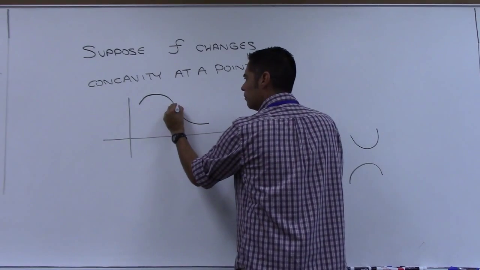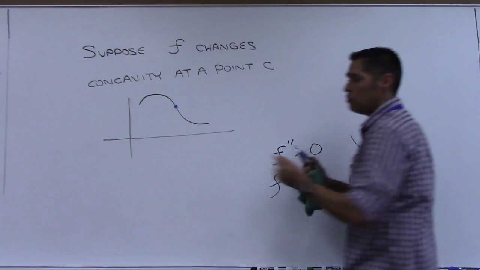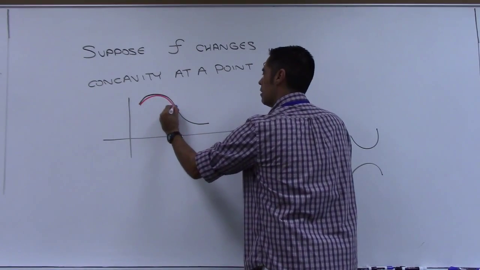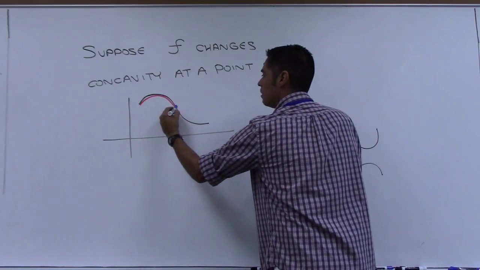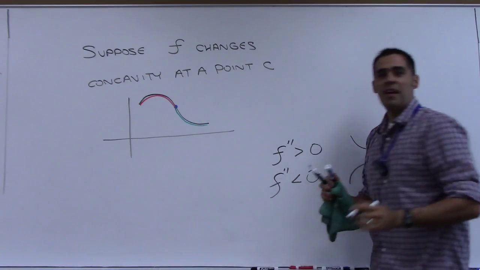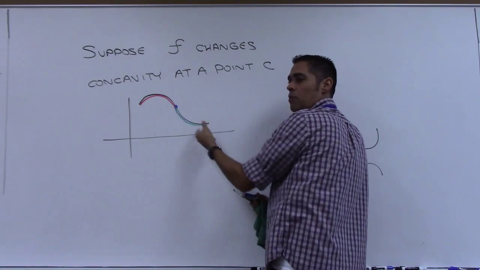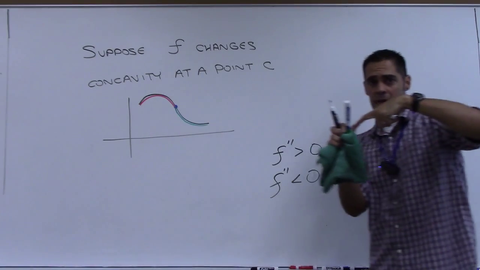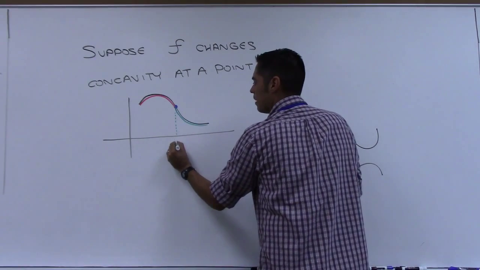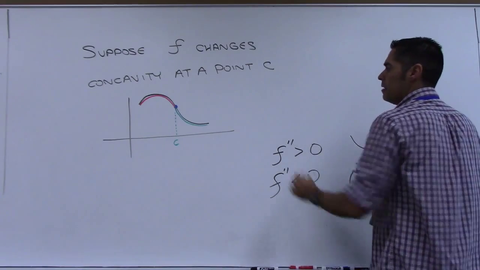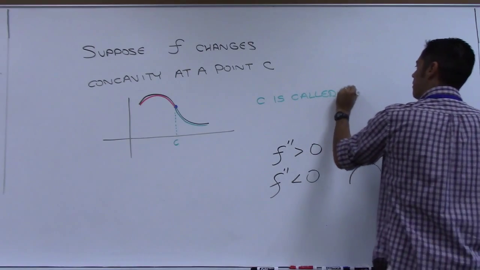This point right here. Do you see where that's where I go from being concave down to concave up? Do you see that that's where that happens? You can almost say it's where the edge of the frown meets the corner edge of the smile, right? Where the frown and smile come together? Do y'all see that? This point where this is happening, I'm calling this c. Then c is called an inflection point.